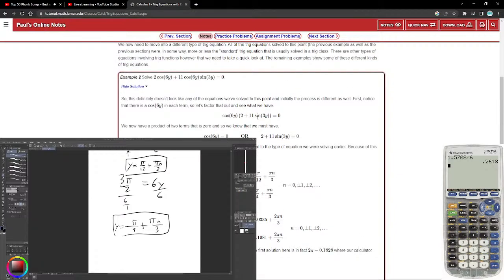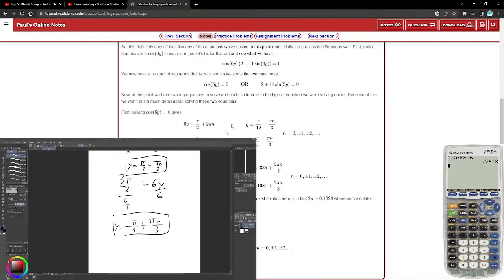Let me read through this whole thing. We now have a product of 2 terms that is 0, and so we know that we must have this. Now at this point, we have 2 trig equations to solve, and each is identical to the type of equation we were solving earlier. Because of this, we won't put much detail into solving.